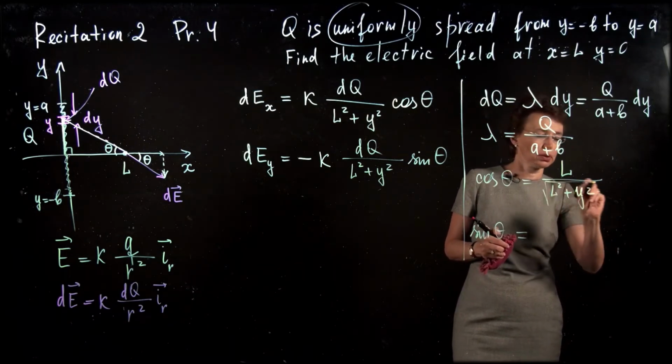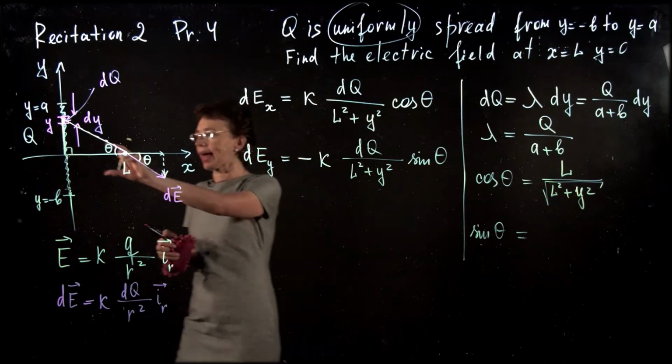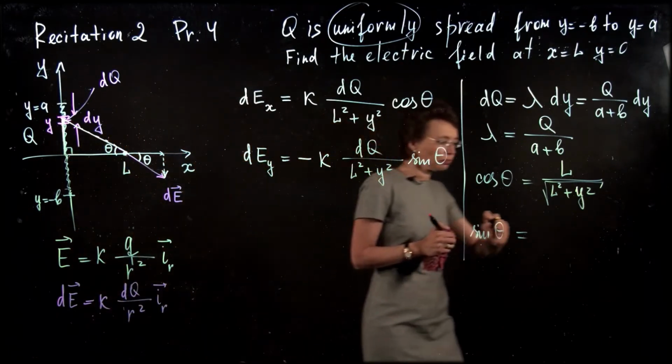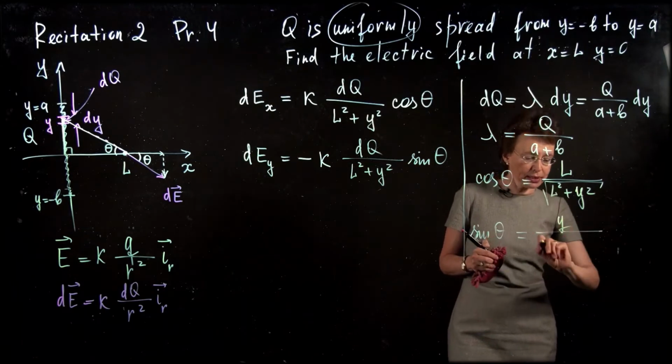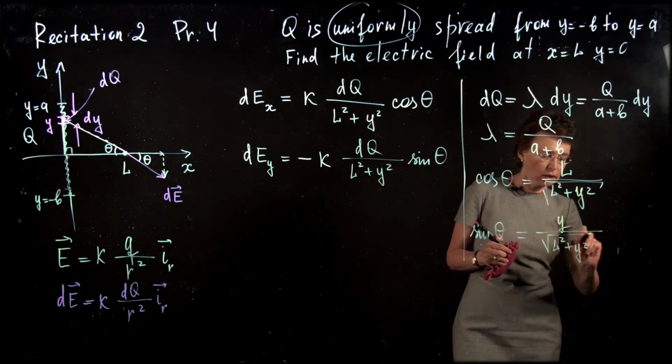Sine theta is the opposite leg to theta, which is y, divided by the square root of L squared plus y squared.